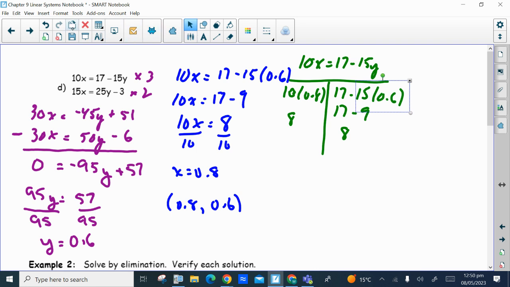Now we need to make sure it works for the second equation as well.